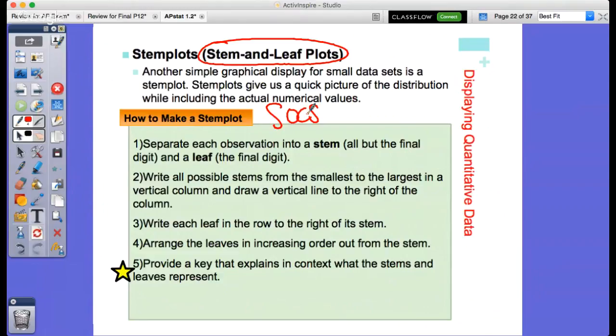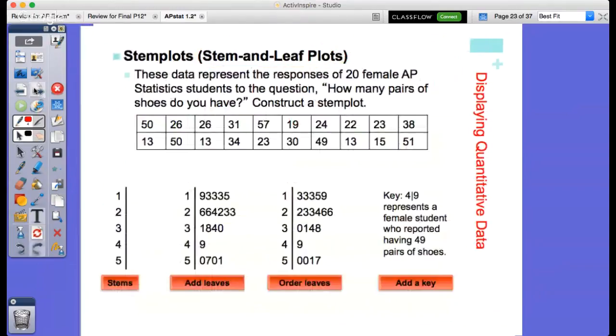In doing this, we separate each observation into a stem. We'll talk about that. And the leaf is the final digit. We'll write all of them from least to greatest, and then we'll arrange them in increasing order. So take a look at this. This would be an example of data that's here. You'll notice that, let's say I was describing 13.